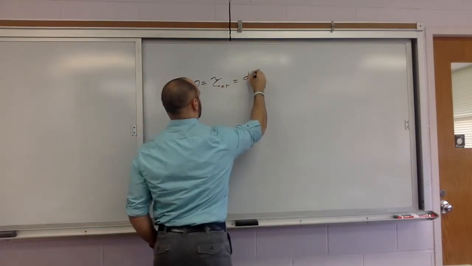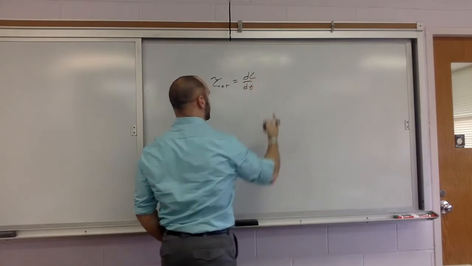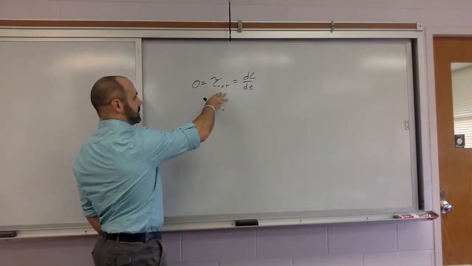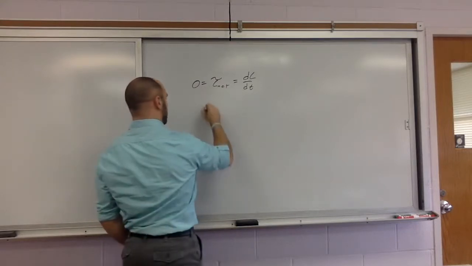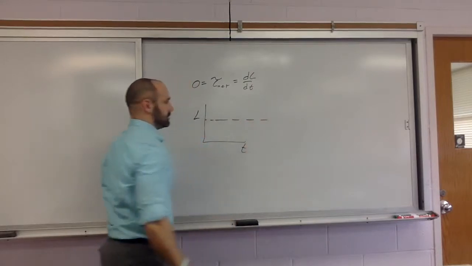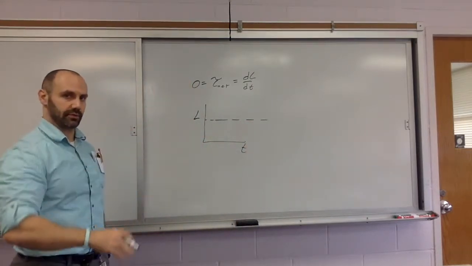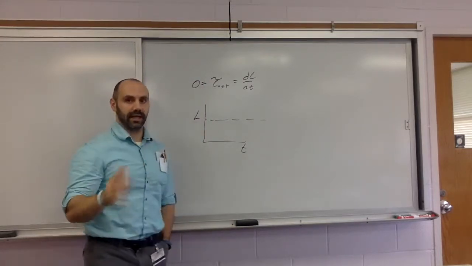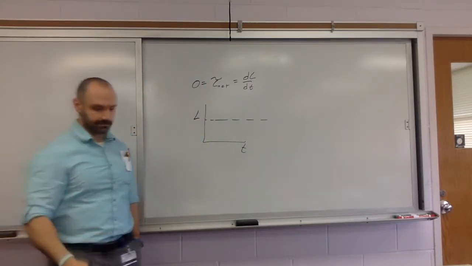Well, that's equal to dL/dt. That means that if I have 0 net torque, the slope of the L versus t graph is a straight line. It's flat. 0 slope, that's the net torque. And so the angular momentum has to be constant.